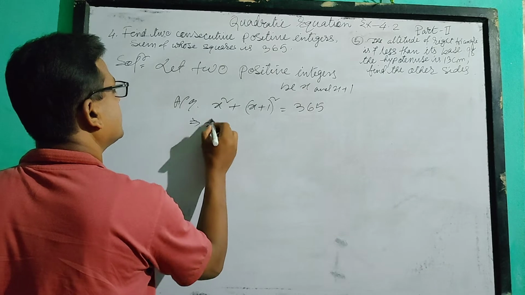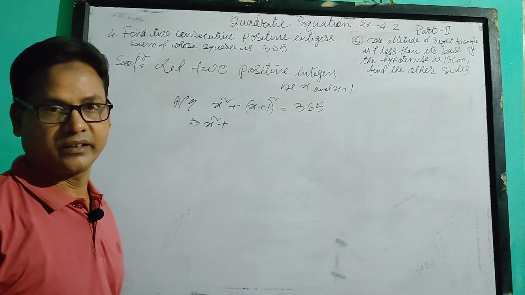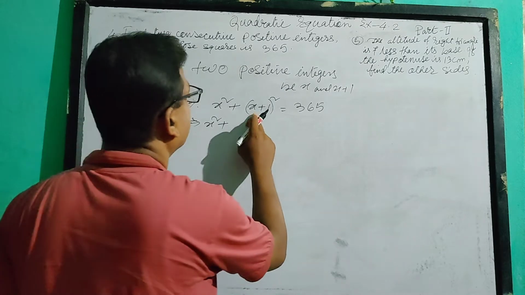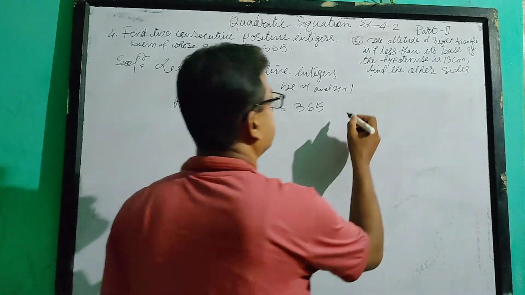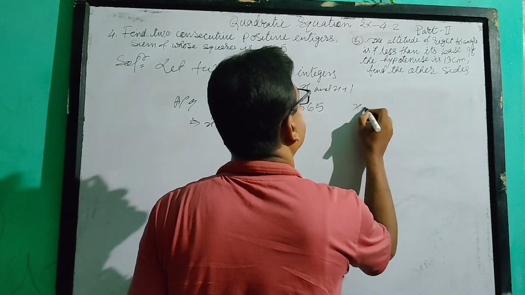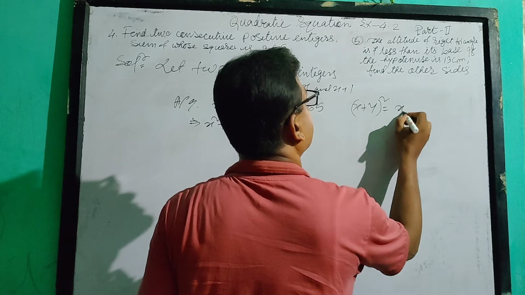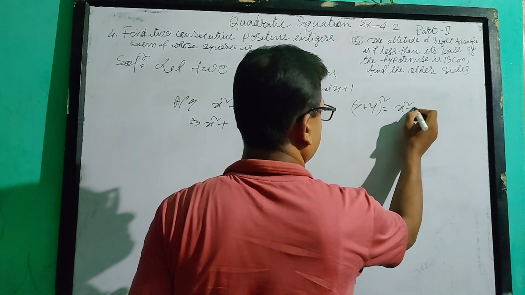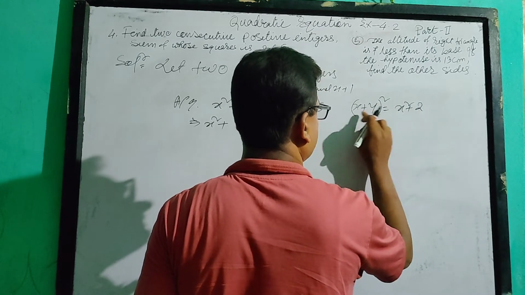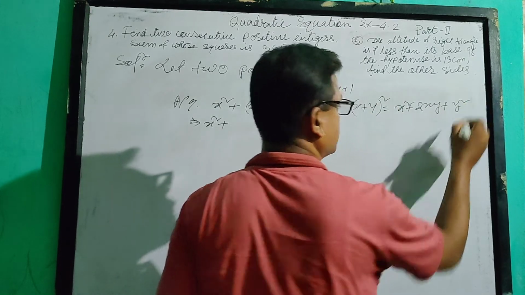Now, x square plus x plus 1 whole square: here the two terms are in a whole square. We have an identity like this: x plus y whole square means x square, the first term square, plus twice the first and second term, plus the second term square.